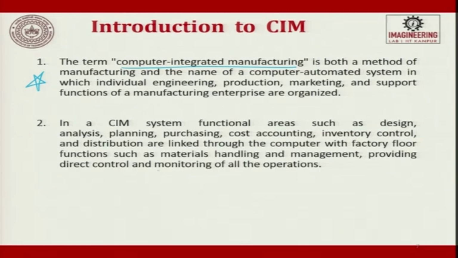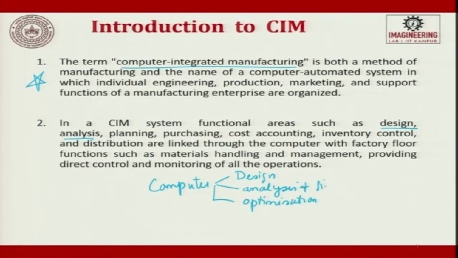In a CIMS system, functional areas such as design, analysis. See, using a computer you can do design first, then you can do analysis, then optimization and simulation, then cost analysis, and tolerance analysis.